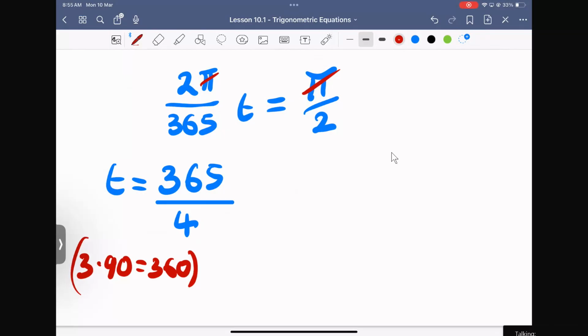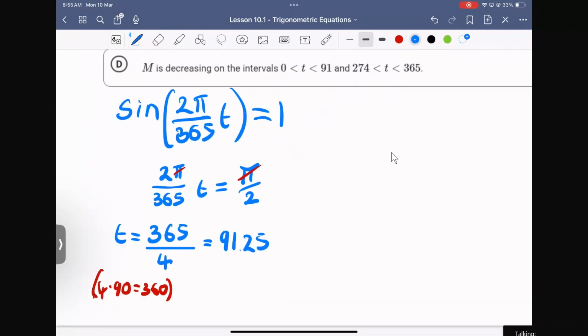I'm using this. That helps me. So 5 divided by 4 is going to be what? That's going to be 1.25. So I've got 91.25. That's my first solution.